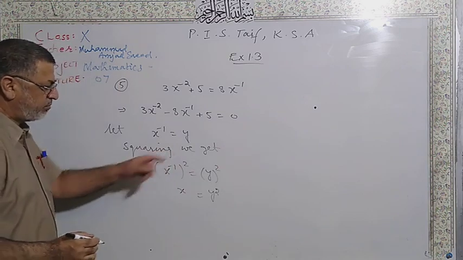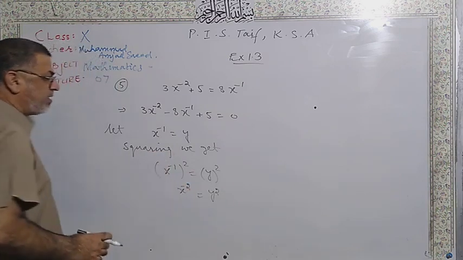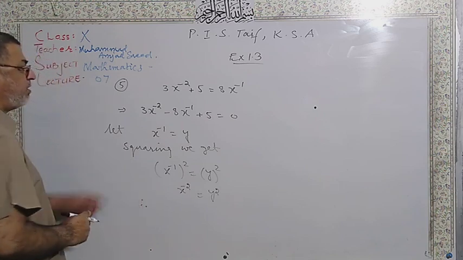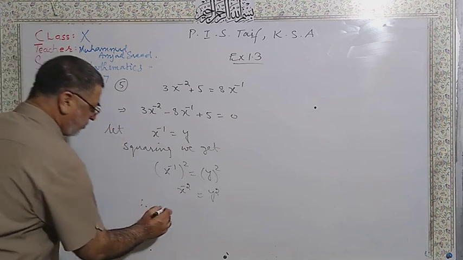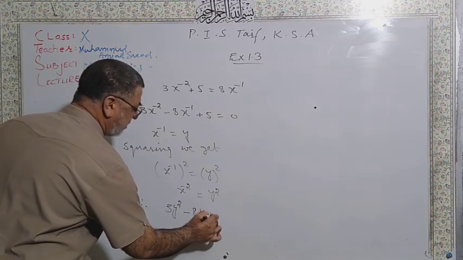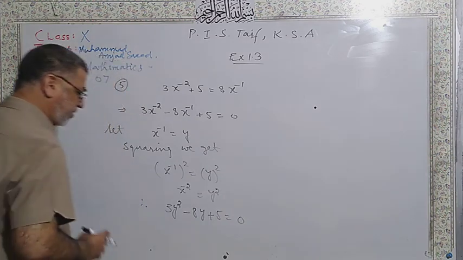Power over power, both are multiplied, so it will be x^(-2). Therefore, we can write our expression as 3y^2 - 8y + 5 = 0.